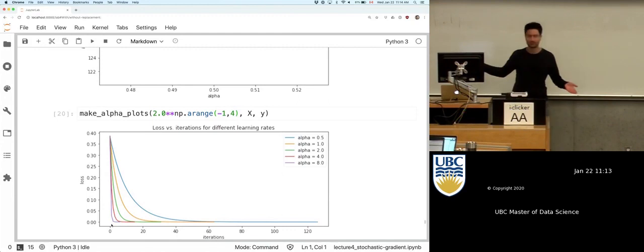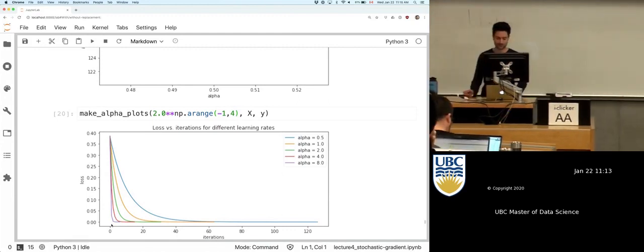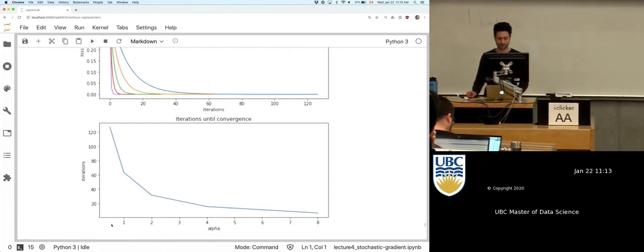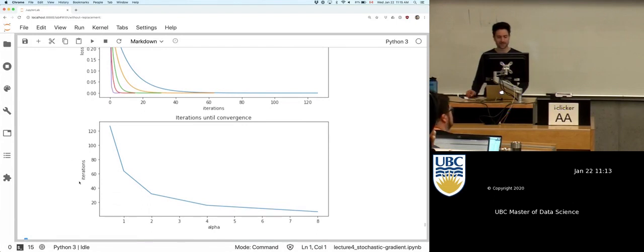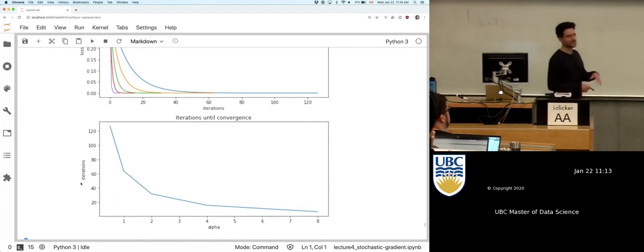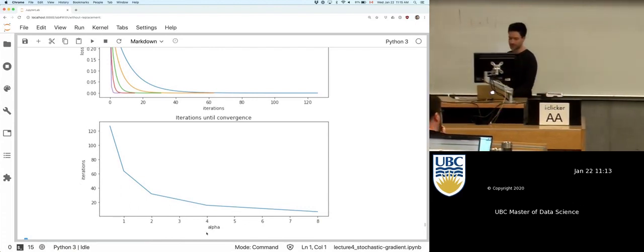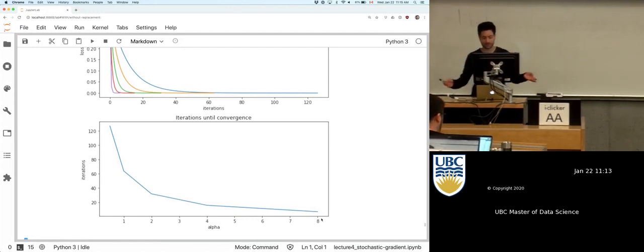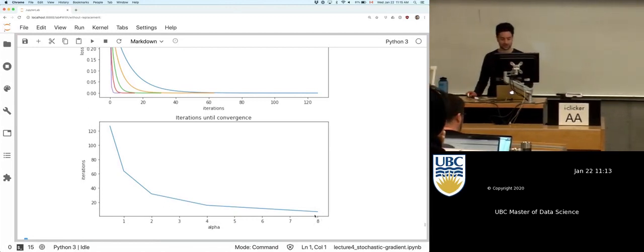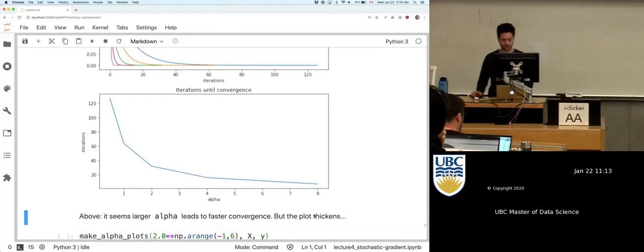That's what you'd like to do, decrease the loss as quickly as possible. And so here I'm plotting the number of iterations to reach some predefined target accuracy versus alpha, and it's showing that as I make the learning rate bigger, things get better. It takes fewer iterations to get to where I'm going.